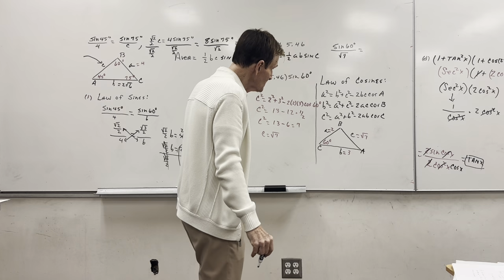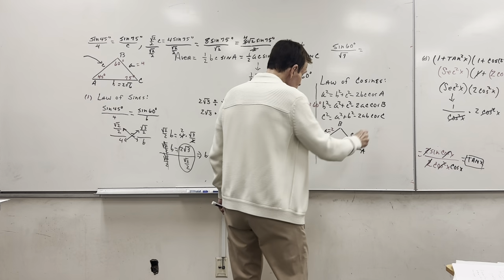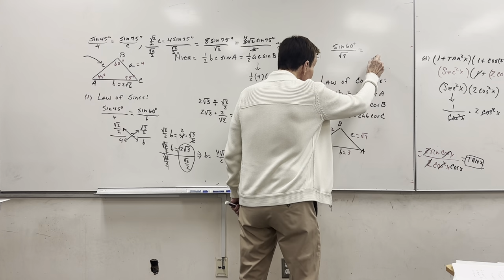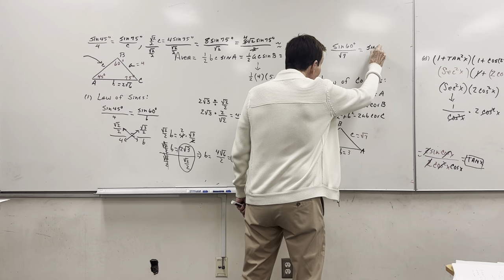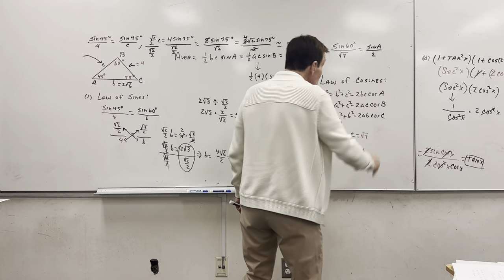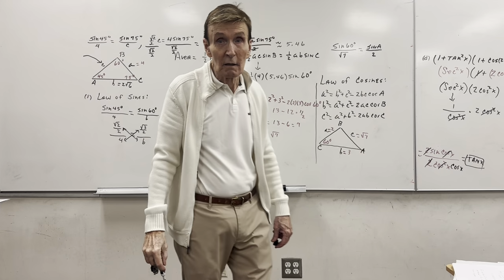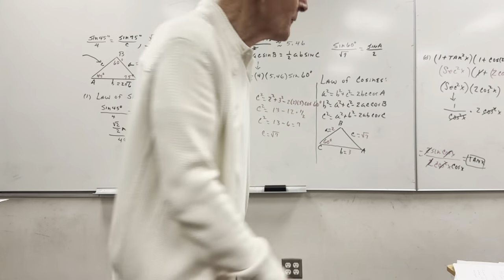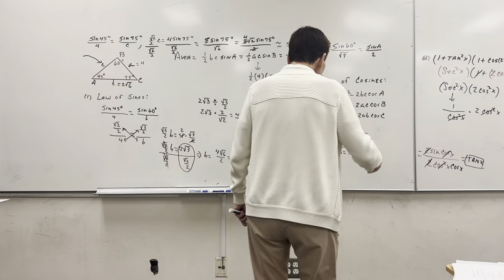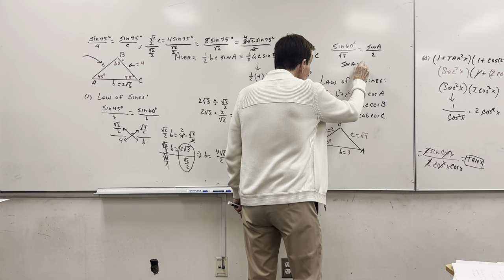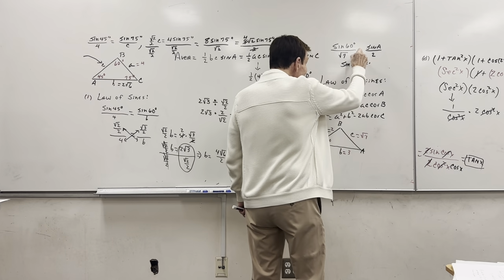Give me another match. We don't have sine B, but we have sine A. Which one will we use? We do sine A over 2. Is that true, guys? And there's other ways to set it up. If I do a quick cross multiplication, you end up with sine A is equal to 2 times sine 60.